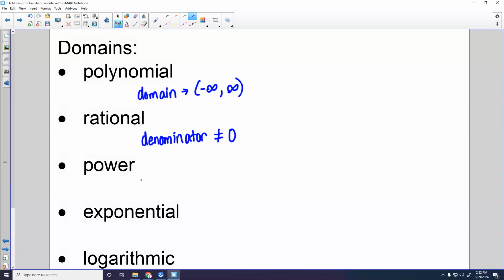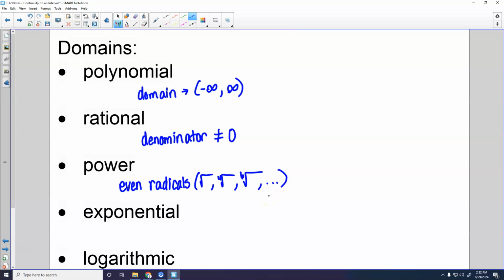Power functions are typically going to be all real numbers, except when you have even radicals. So that is like a square root, a fourth root, a sixth root, dot, dot, dot. Right.